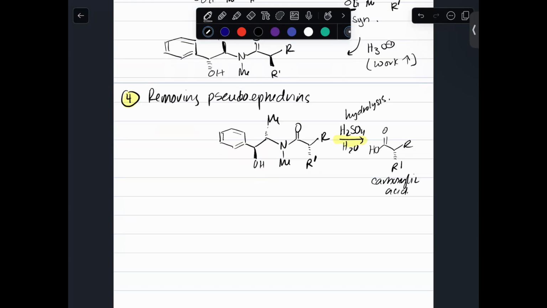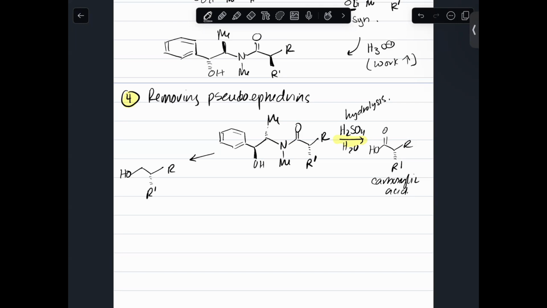You can also reduce these to primary alcohols. These do require a very different reducing agent. This reducing agent is a borohydride reducing agent.